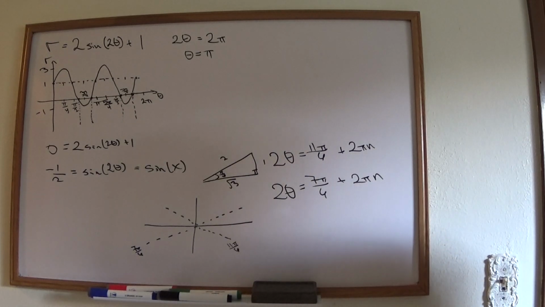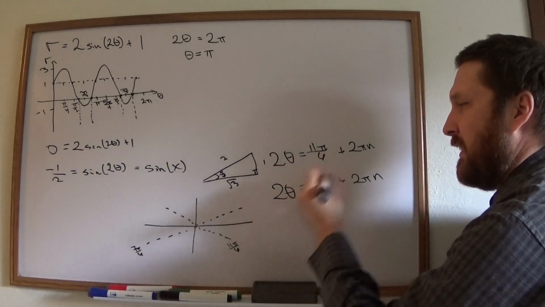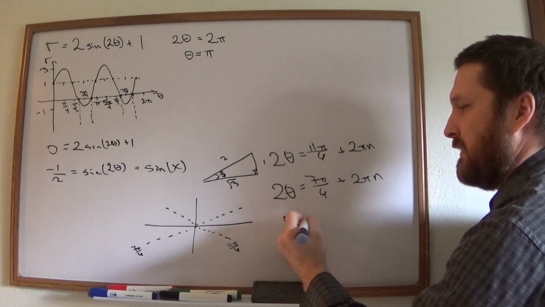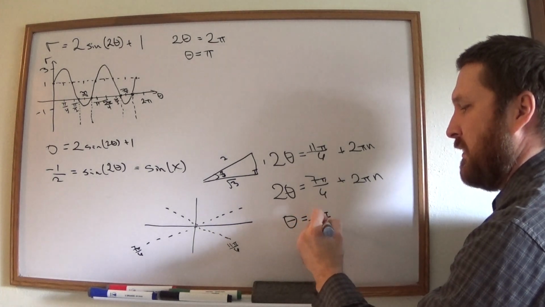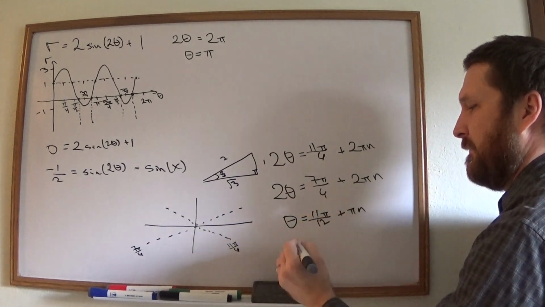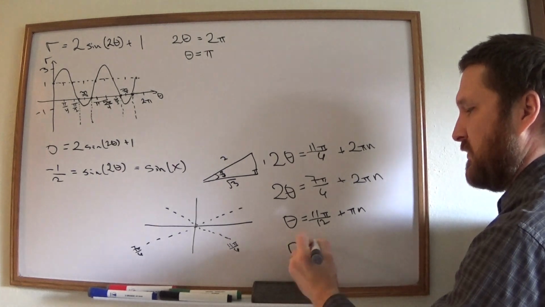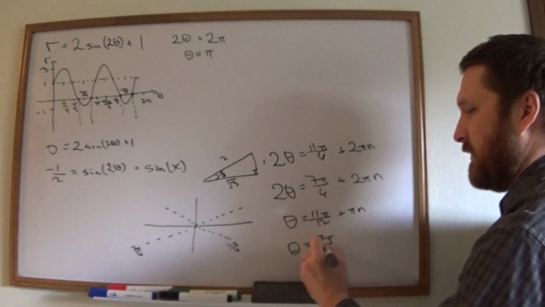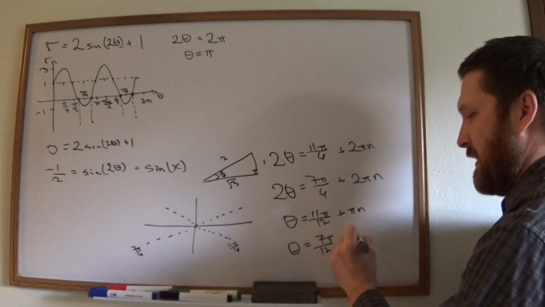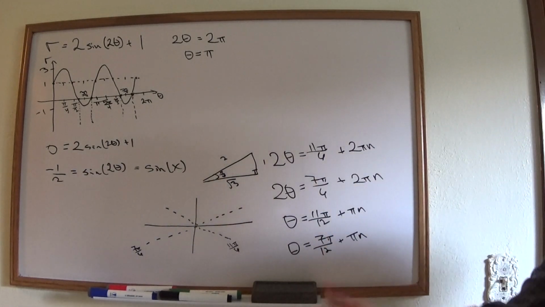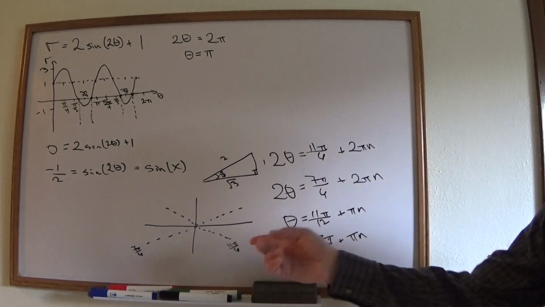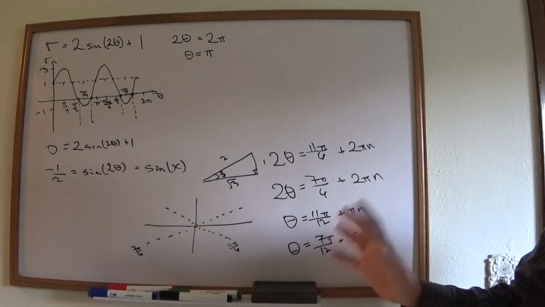So this is one way you could do it. Then you divide through by your 2. The top one gives you theta equals 11 pi over 12 plus pi again, and the bottom one gives you 7 pi over 12 plus pi again. That makes sense, right?